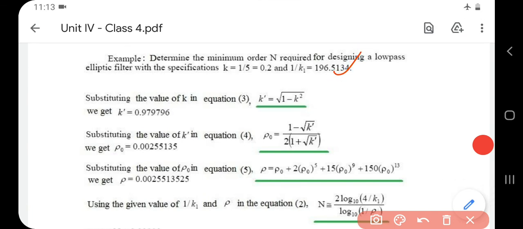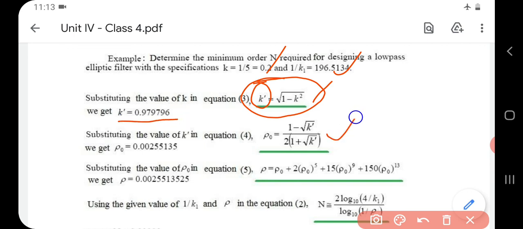So first, what will you do? Equation 3, you know. You are given K, that is K is 0.2, so substitute and you will get the value of K dash. Now use this value of K dash in equation 4, and you will get the value of rho 0. Now use this value of rho 0 in expression 5 that is given above.